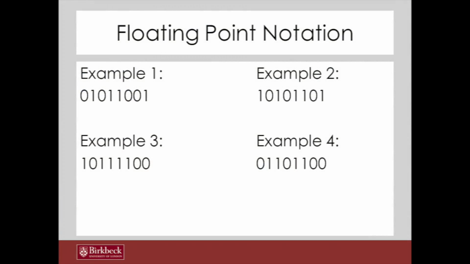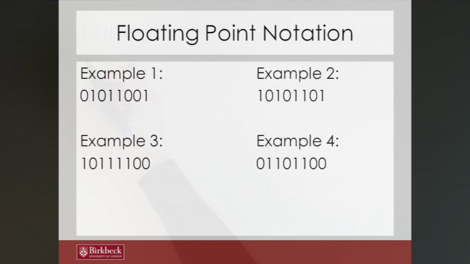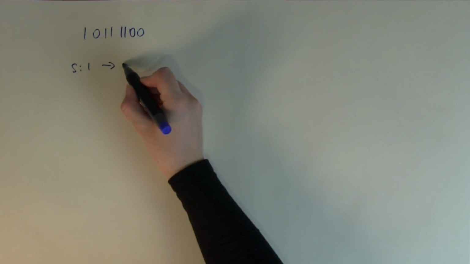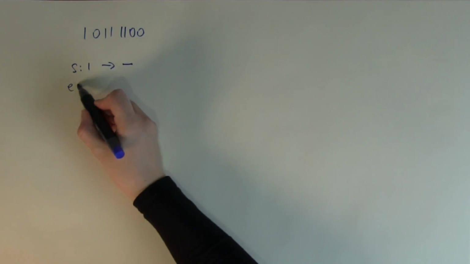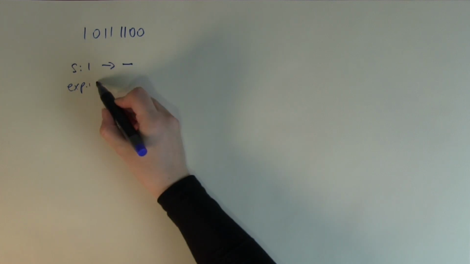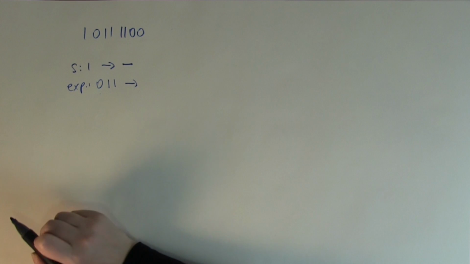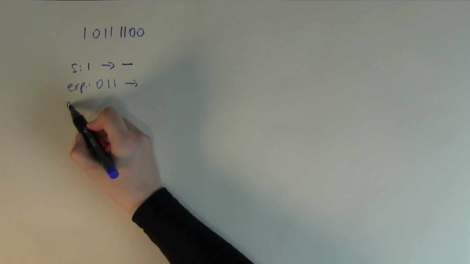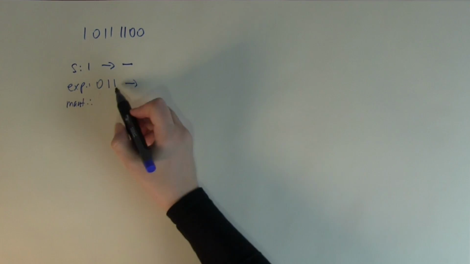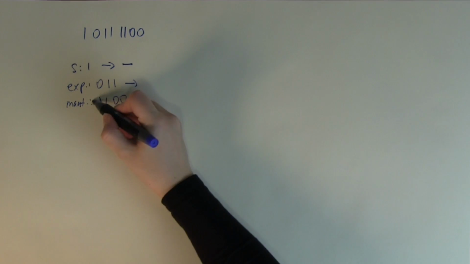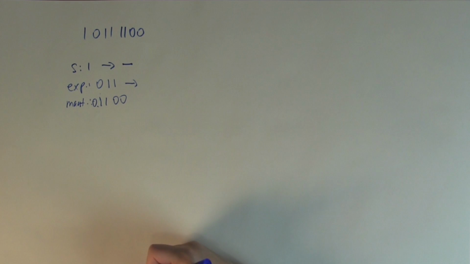The next example is 1 0 1 1 1 1 0 0. So the sign bit is 1, which tells me that I'm working with a negative number. The exponent is 0 1 1, which we're going to find out in a minute what that is, and the mantissa is 1 1 0 0 with the 0 point in front.